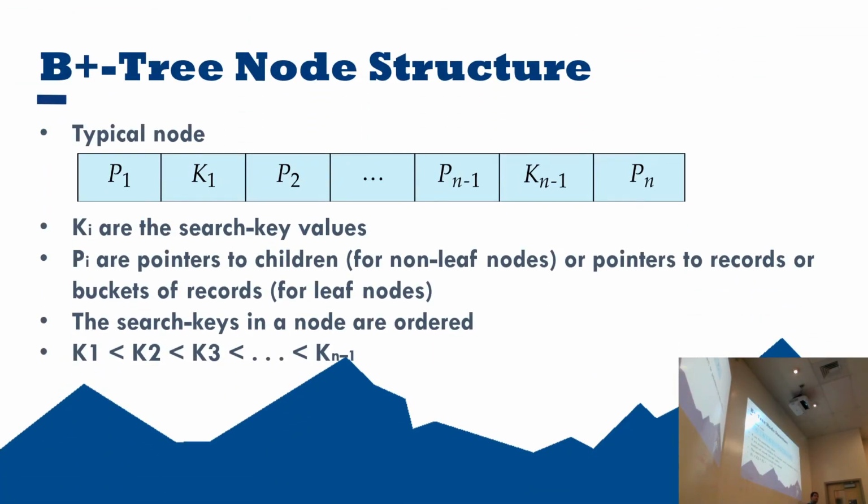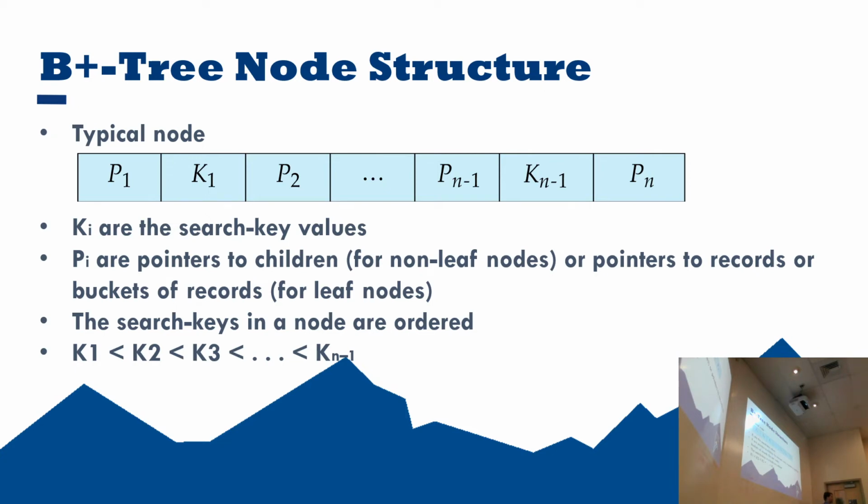Let's talk about the node structure a little bit more. You have K sub i, which are going to be your search key values. P sub i are your pointers to the children, for everything but the leaves, of course, or pointers to records.